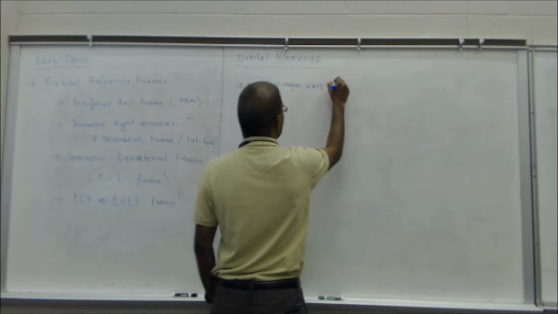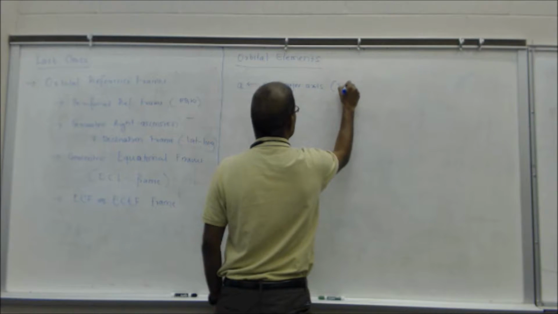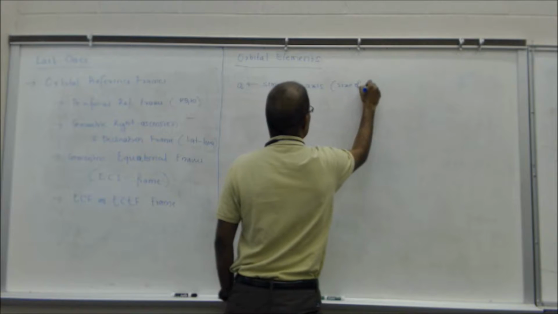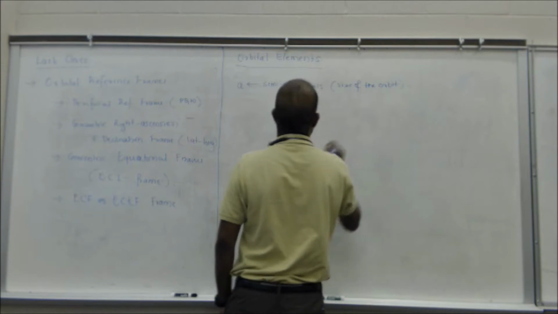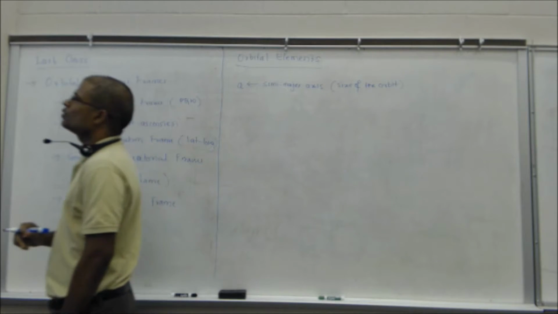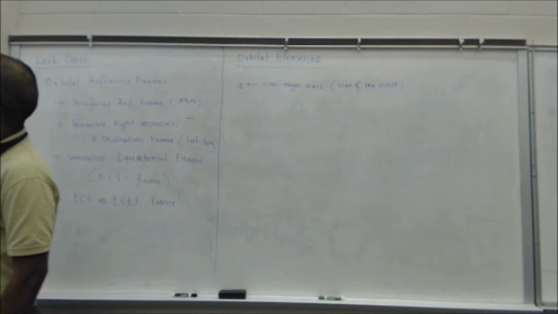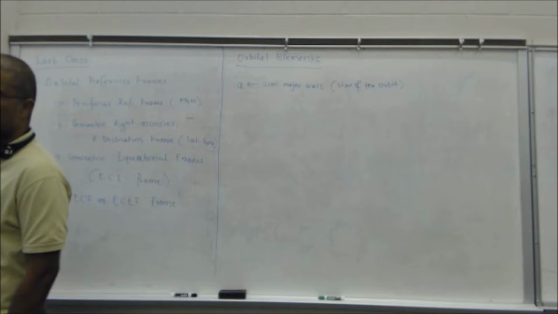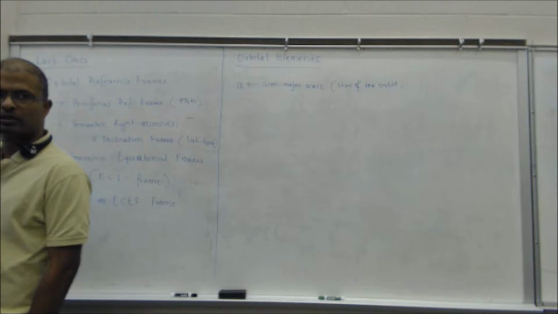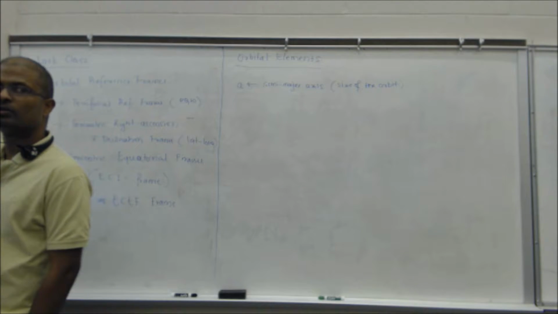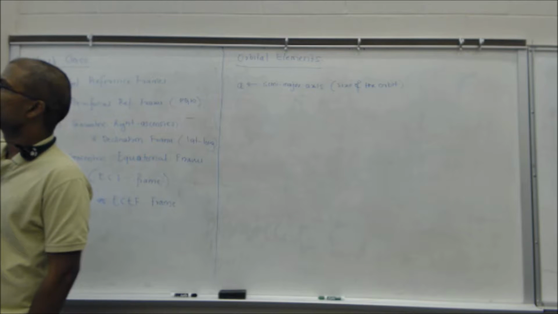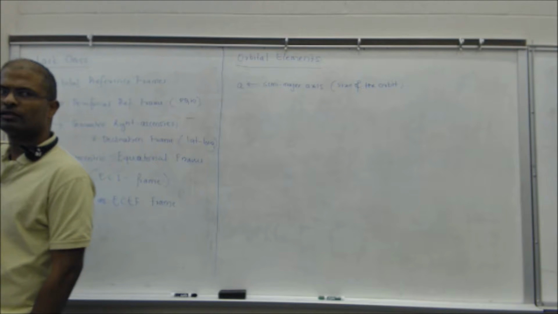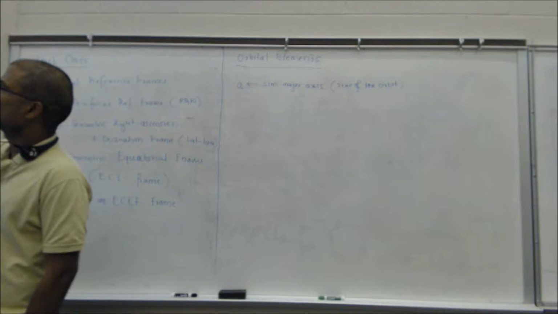So semi-major axis defines the size of the orbit. Can you see this? Can you visualize A here? What is A?